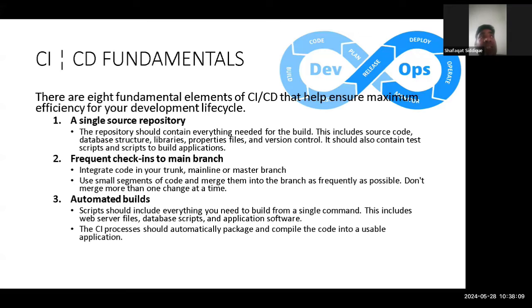So what are the fundamentals if we are going to deploy CI/CD pipelines? What should we keep in mind before deploying them? The fundamentals are a single source repository, which somebody calls a registry and somebody calls a repository.